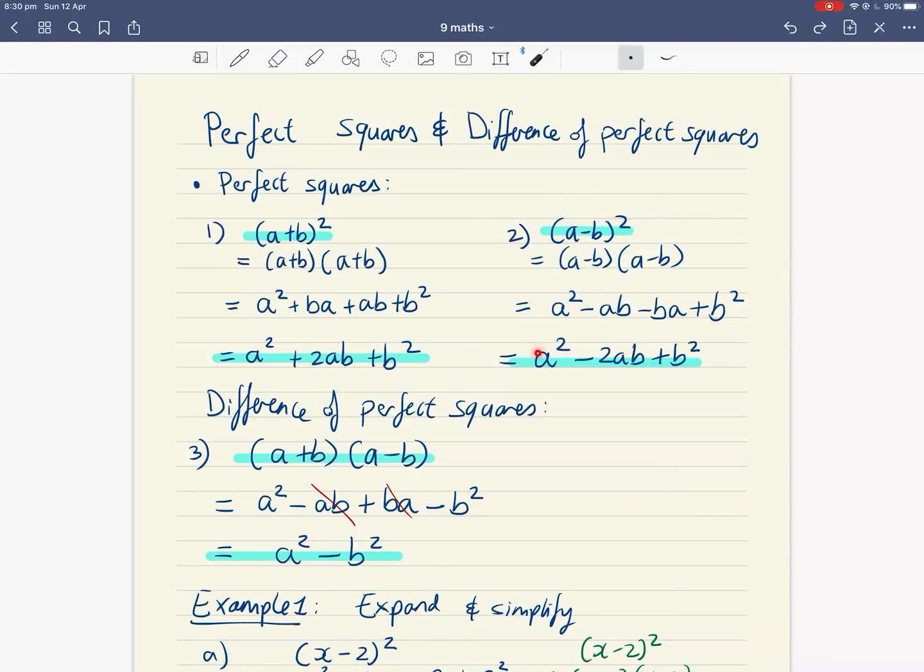Or the a minus b all squared gives you a squared minus 2ab plus b squared. Or if you have the pattern of opposite signs, plus minus, and then you have the first things the same and the second things the same, then you get a squared minus b squared.